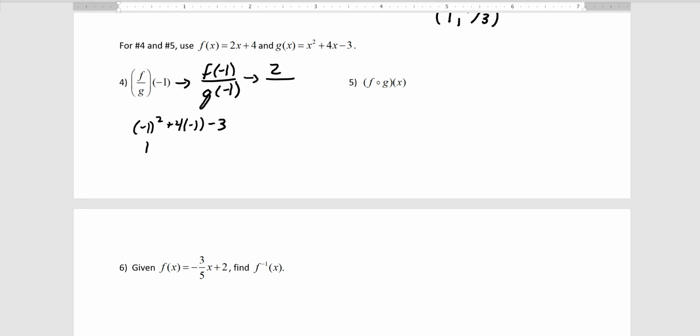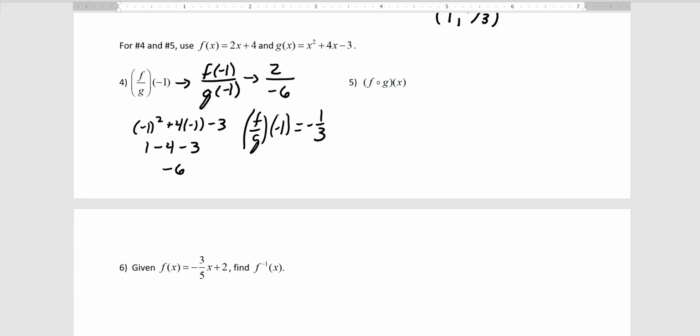So that'd be 1 minus 4 minus 3. 1 minus 4 is negative 3. Negative 3 minus 3 is negative 6. So 2 over negative 6. So we would find, that will of course reduce, we'd say that f over g of negative 1 equals negative 1/3. There we go. And that's number 4.